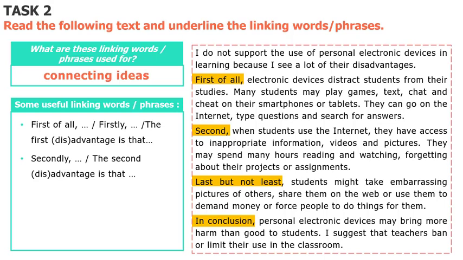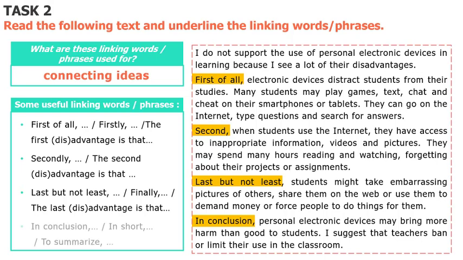To mention the final idea, some words or phrases such as last but not least, or finally, or the last disadvantage or advantage is that are highly recommended. To conclude a paragraph, you can use some phrases like in conclusion, in short, or to summarize.